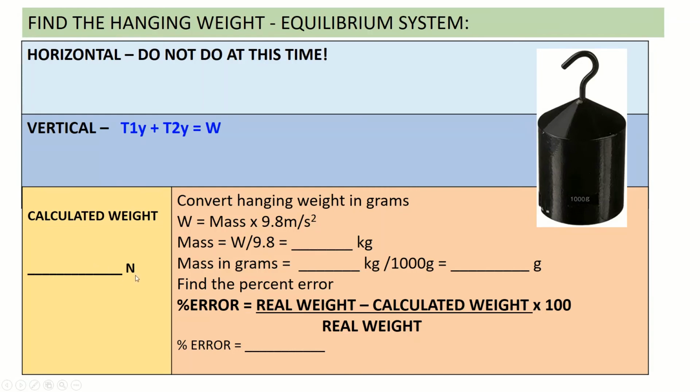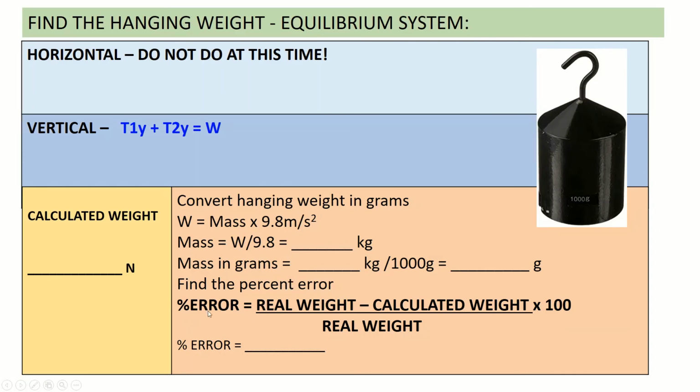You want to convert to grams to compare with the engraving mark of that particular weight. So in this case, you are going to use this formula here, mass times 9.8 meters per second squared, which is the acceleration of gravity on Earth.